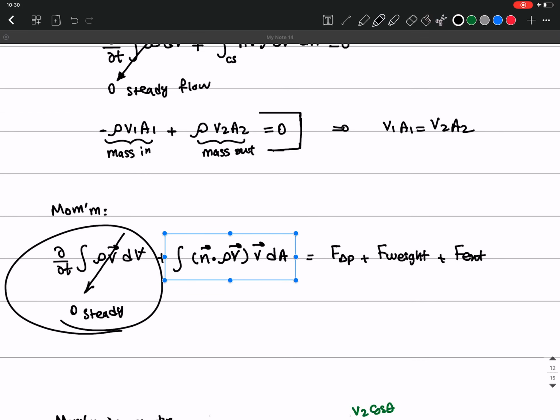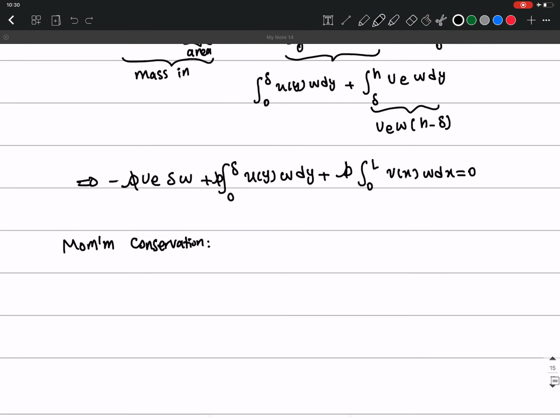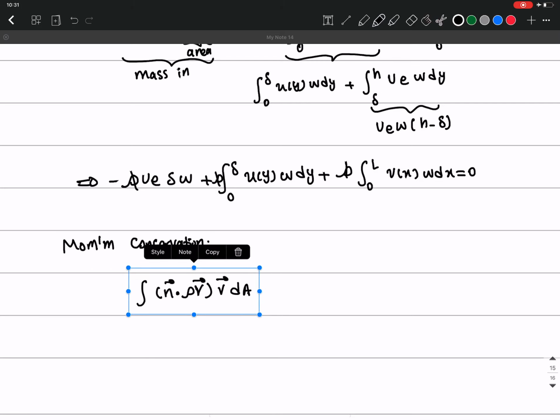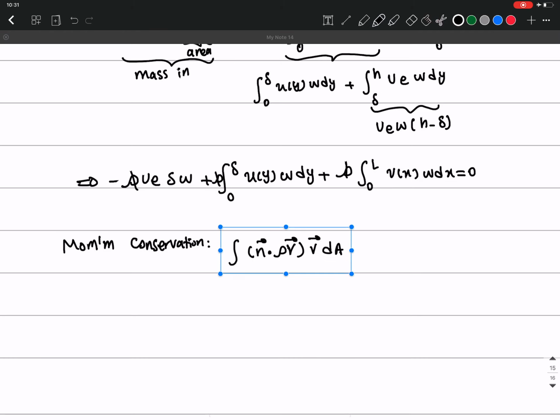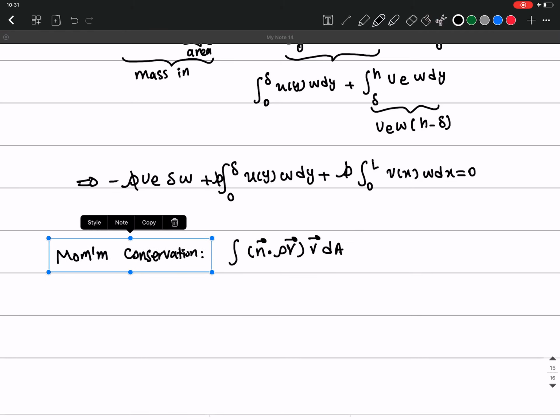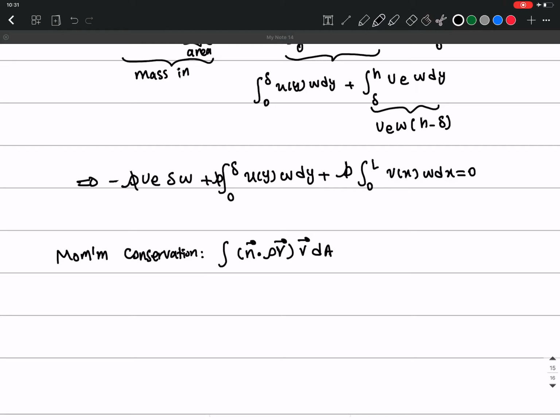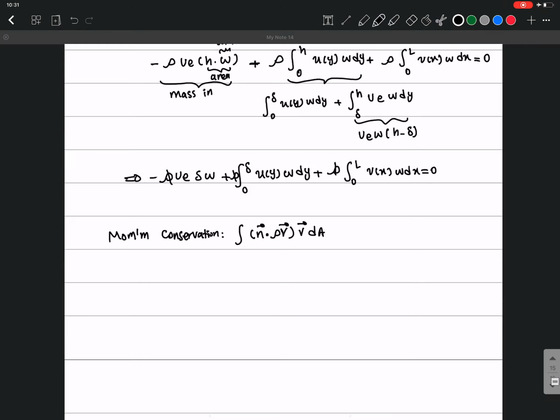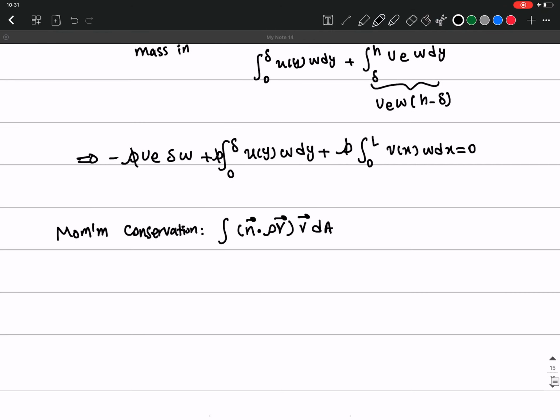So let's first write that part. So this is momentum conservation. This equals to sum of the forces. Okay.